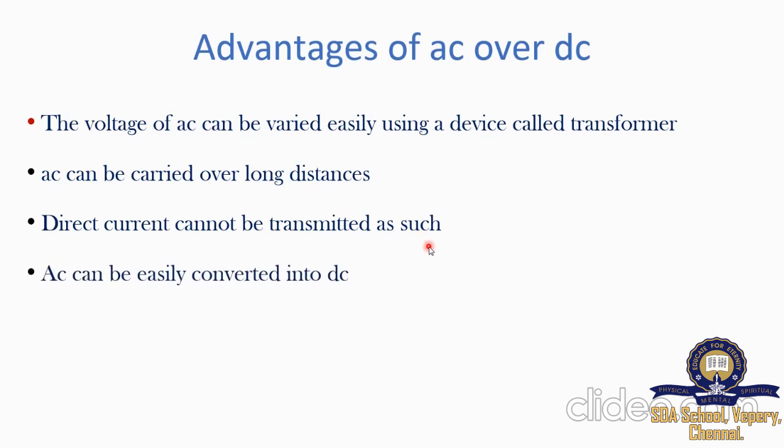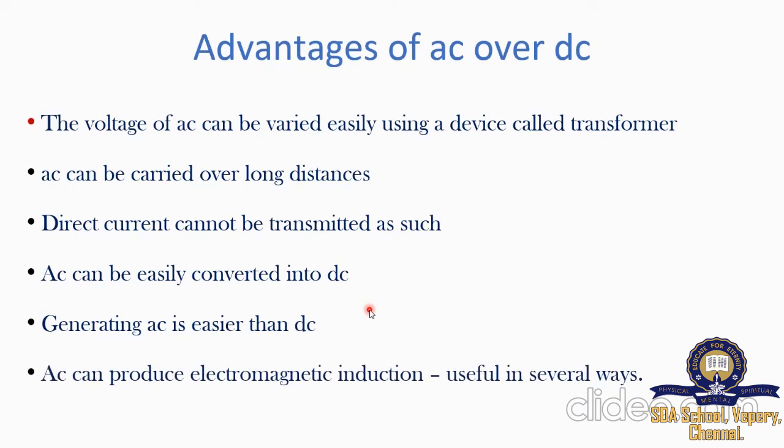Alternating current can be easily converted into direct current, and generating alternating current is easier than direct current. Alternating current can also produce electromagnetic induction, which is useful in several ways. So now we have concentrated on the advantages of alternating current.